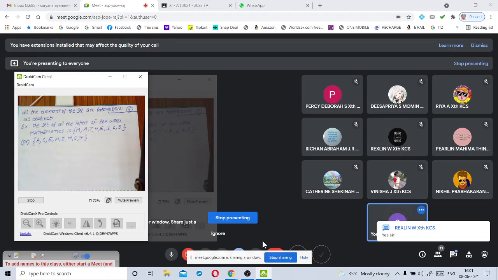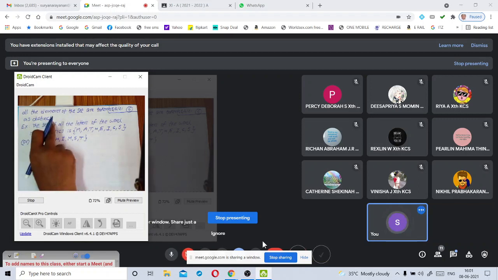Yes. So you should remember, when you are representing a set in the roster form, these 2 points are very important. What is the first point? We can write the elements of the set in any order.